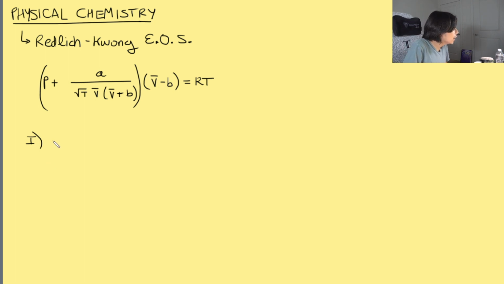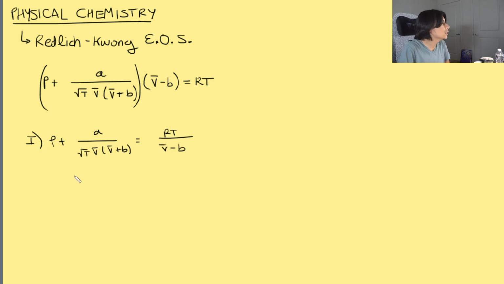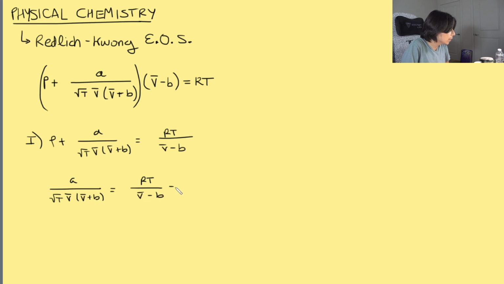So we're going to say, P plus A over square root of T V bar times V bar plus B equals RT over V bar minus B. And then we're going to subtract P from both sides in order to isolate the term with the A constant. And so this becomes A over square root of T V bar times V bar plus B equals RT over V bar minus B minus P.